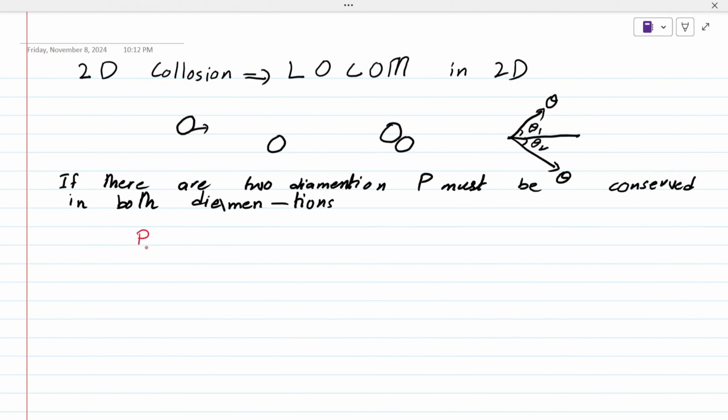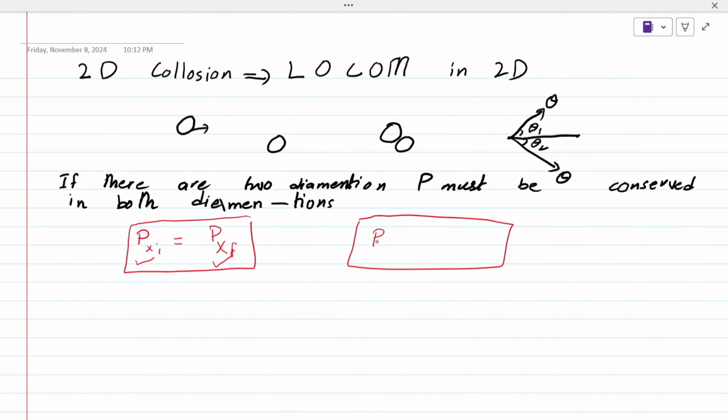the momentum on the x-axis initially should be equal to the momentum on the x-axis finally, and the momentum on the y-axis initially should be equal to the momentum on the y-axis finally.